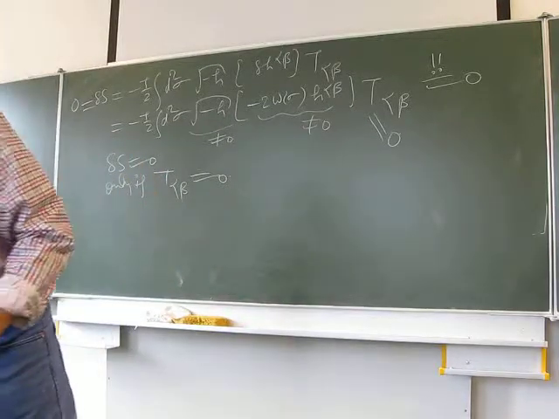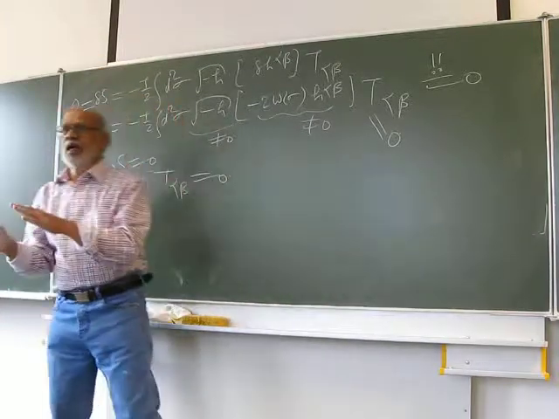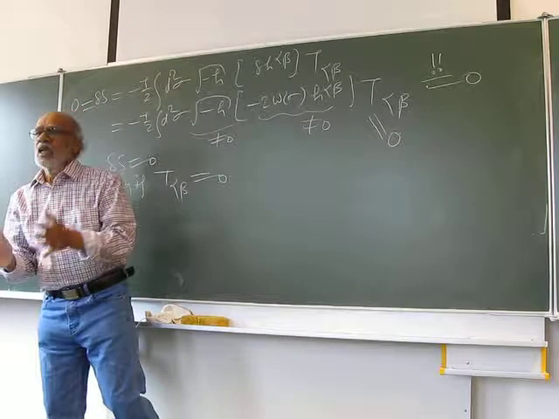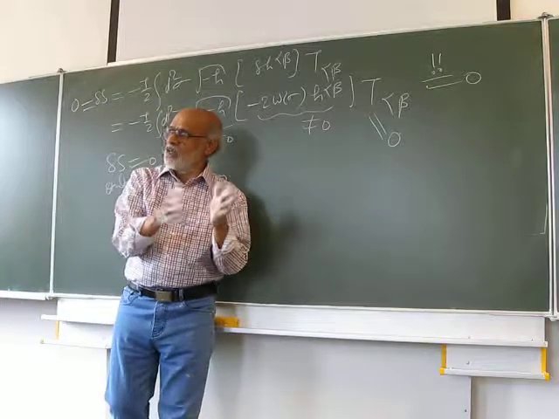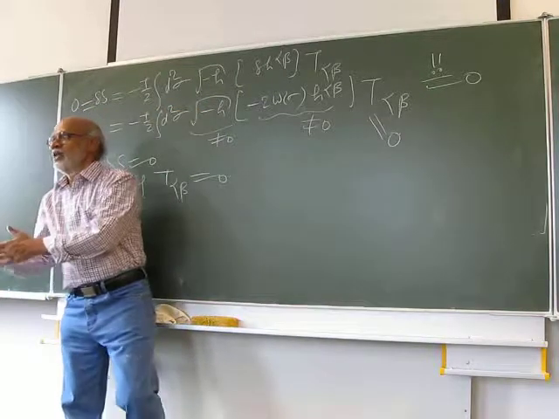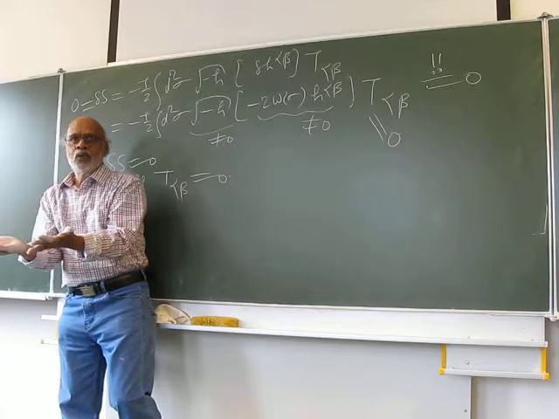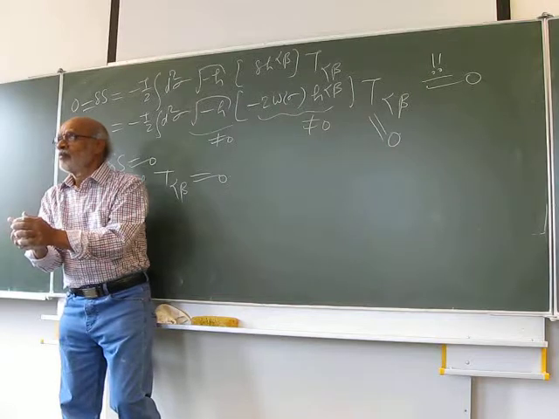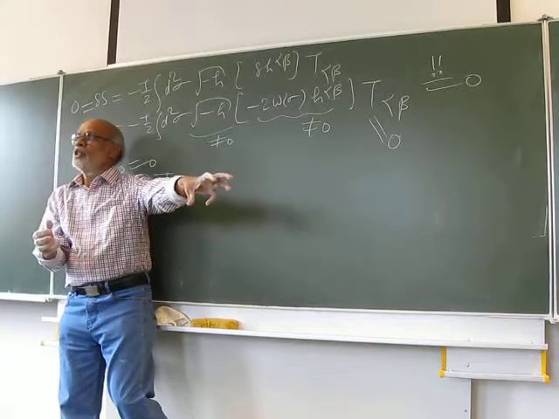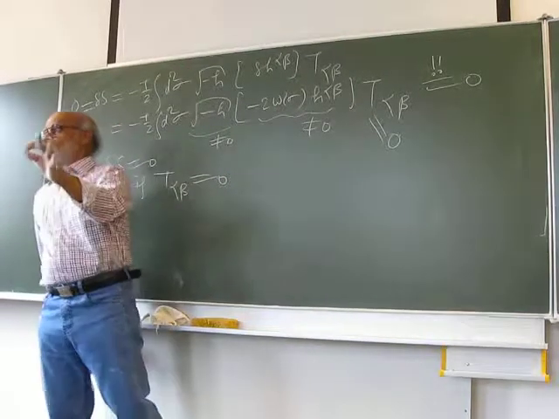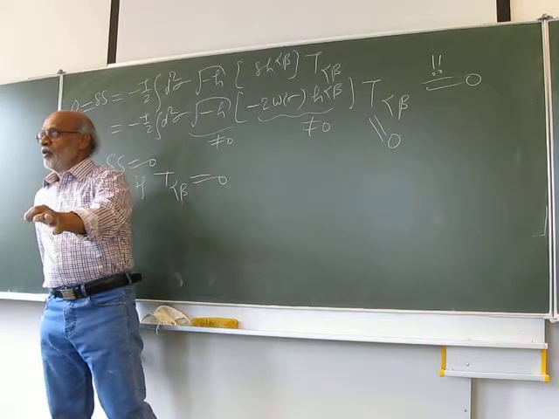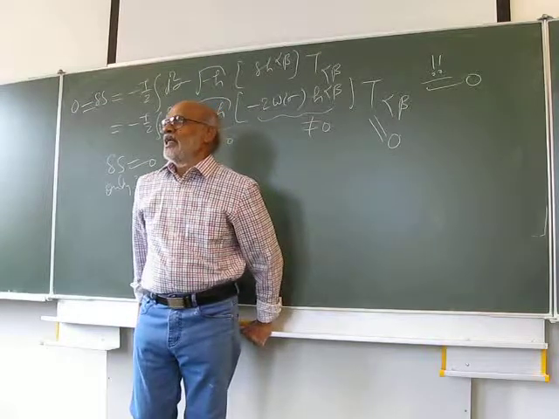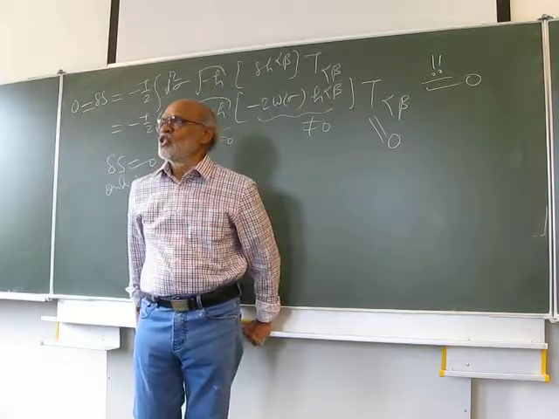Although we can calculate its components T00, T11, T01, T10, or similarly, in the light front, we could calculate T plus plus, T plus minus, T minus plus, T minus minus, if we write it as a 2 by 2 matrix. But overall T alpha beta has to be 0, which means each of its components has to be 0. This actually gives rise to the so-called Virasoro constraints.